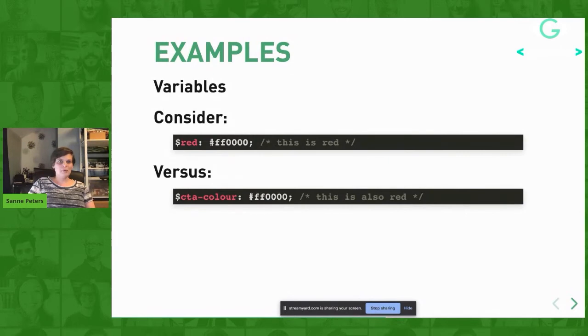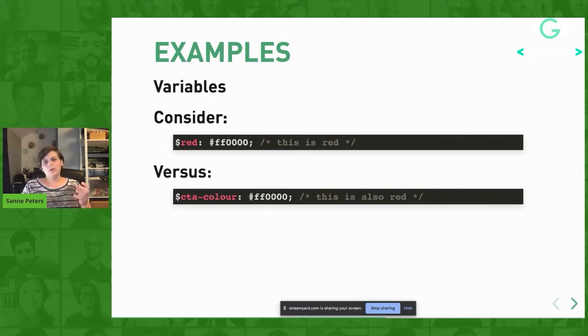So another example, and do keep in mind, I'm a front-end developer, so my examples tend to be a little front-end developer-y. You have this variable called red, and okay, yeah, it makes sense, but does it really? Because it doesn't really say anything about what red is useful for, what its purpose is, what its meaning is, besides that it is that color.